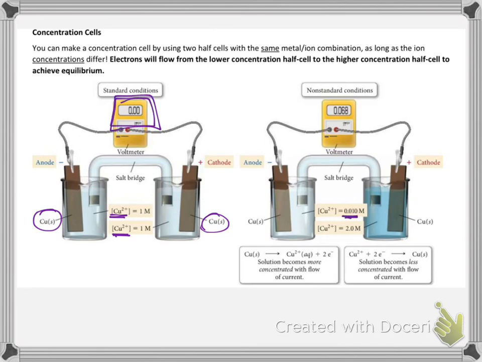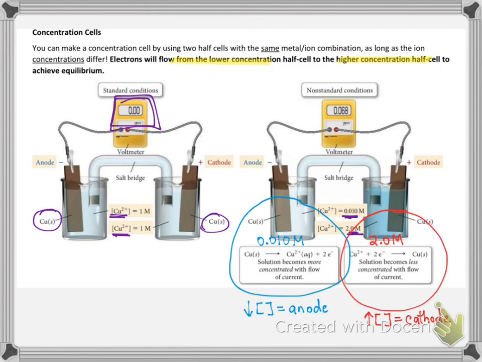However, if you start one off at a lower concentration and the other at a higher concentration, electrons flow from the lower concentration to the higher concentration to achieve equilibrium, basically to make the concentrations equal. That means the lower concentration half cell will always be your anode, the higher concentration will always be your cathode.